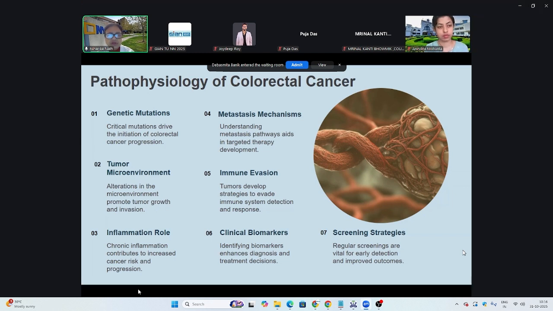The special genetic mutations: I might have told you one time that there is the APC mutation, and that mutation will drive it, and there are a couple more mutations. The tumor microenvironment plays a role once the tumor is established.